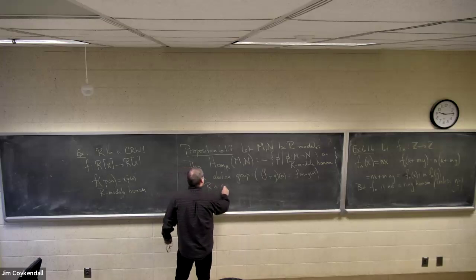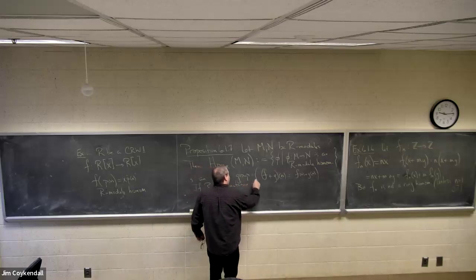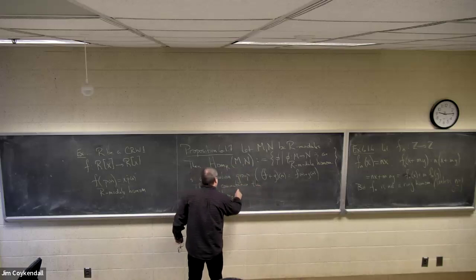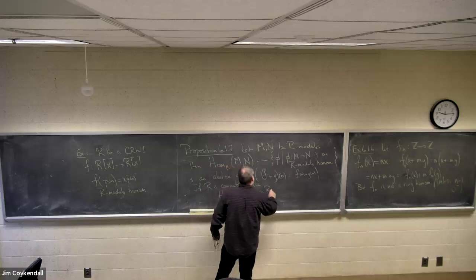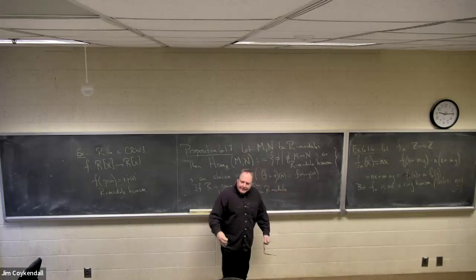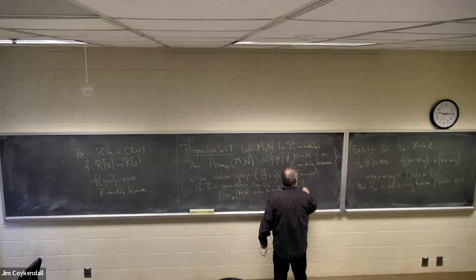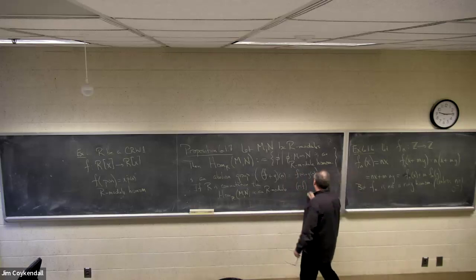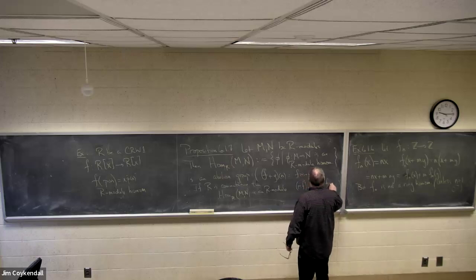If R is commutative, then Hom_R(M, N) is an R module. And again, you have to be careful about it. So what do I mean by the function r times f, where r is an element of the ring and f is a homomorphism? It's just r times f.